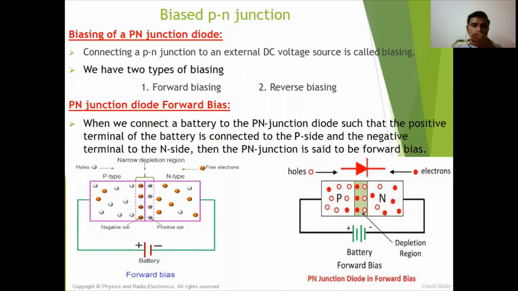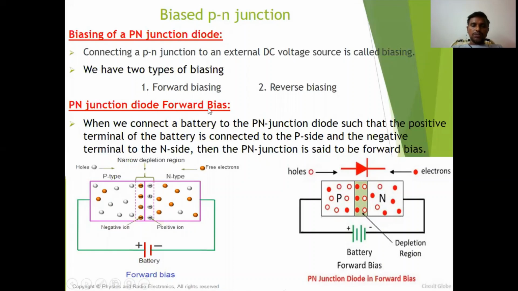So what is biasing of a PN junction diode? It is connecting a PN junction to an external DC voltage source. We have two types of biasing: one is forward biasing of a PN junction, and the other is reverse bias. First we will consider the PN junction diode in forward bias.